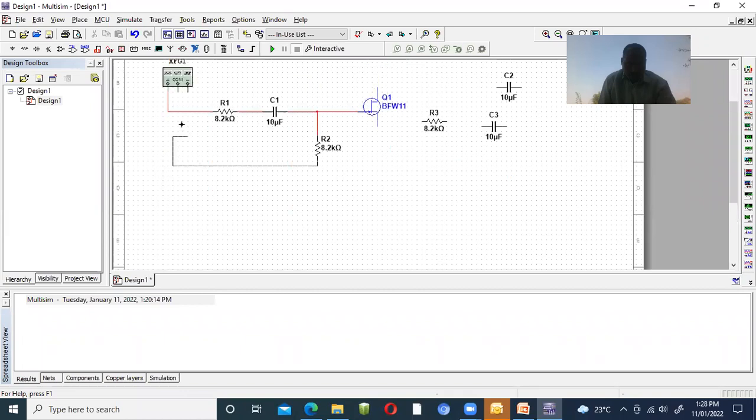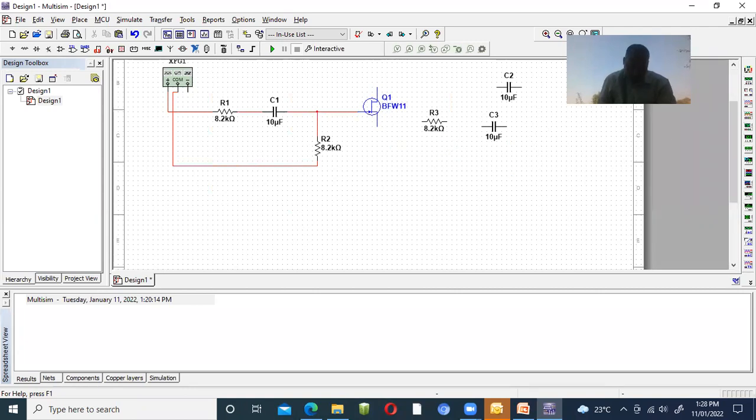Upper part indicates the common of your function generator. Okay. After all that, here is one of the resistances of 6.8 kilo ohm.